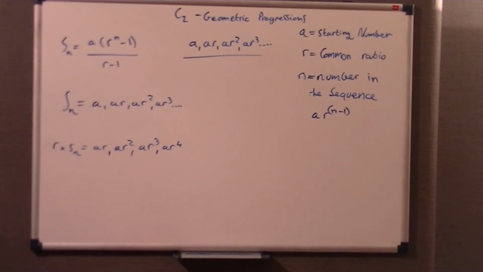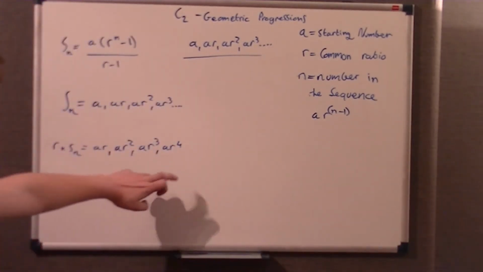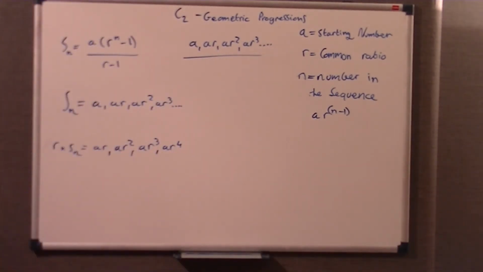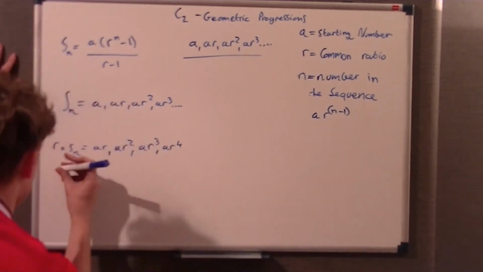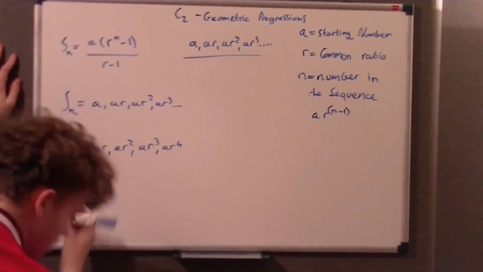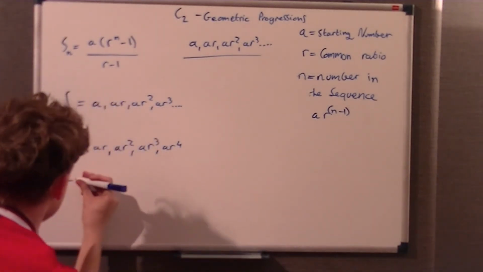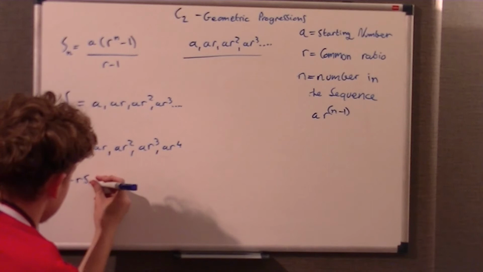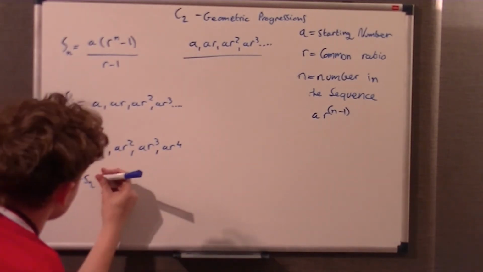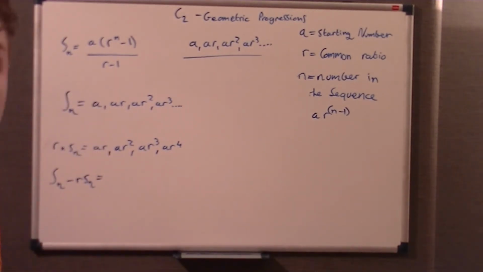And if we carried on doing this, we'd get Sn take R times Sn. Sorry, this isn't very clear.